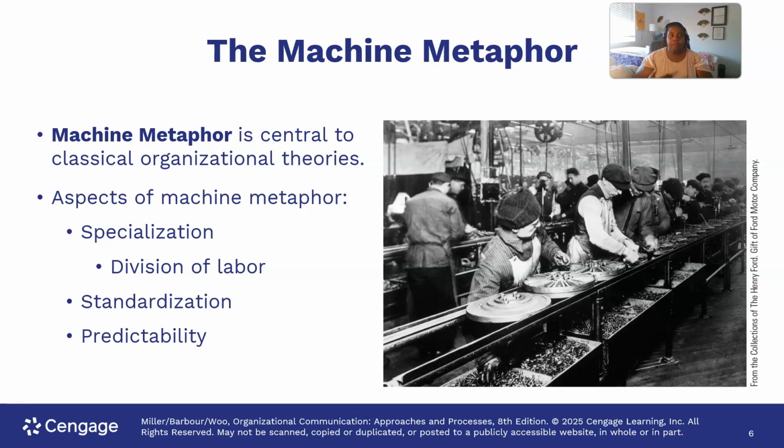Nowadays, at least one company that comes to mind is Amazon, the Amazon warehouses, and how each person does their role in putting the packages together, making sure they're shipped, and making sure the products arrive at our door at a certain time. So that's one modern example I have in my head. But from that organizational structure, we have the machine metaphor. Each person has their own role.